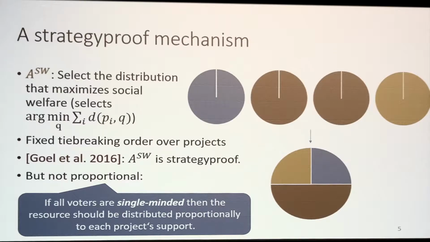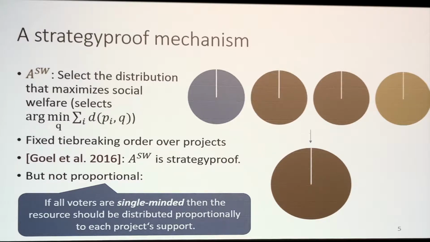This would be an example of a single-minded profile. We have one voter who wants the entire resource to go blue, 2 who want orange, and 1 who wants yellow. Proportionality should say that for profiles like this, we should split the resource in those proportions, 1 to 2 to 1. What the social welfare maximizing mechanism will do is actually go with the majority. So this will go all orange in this instance.